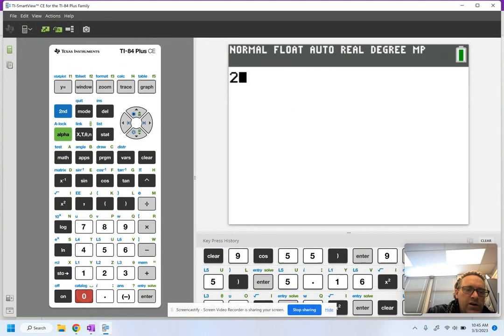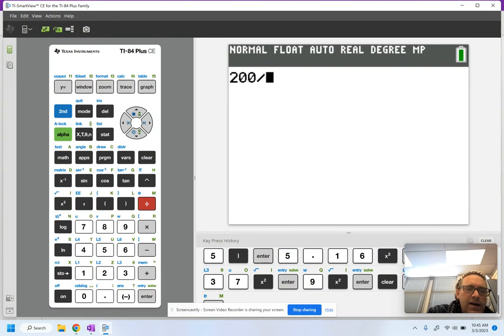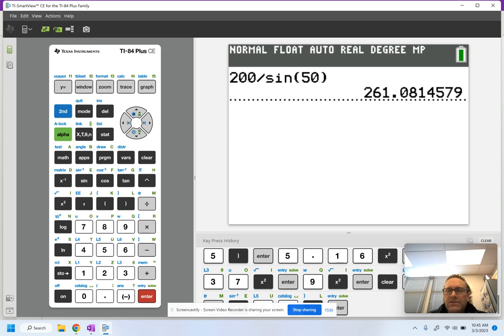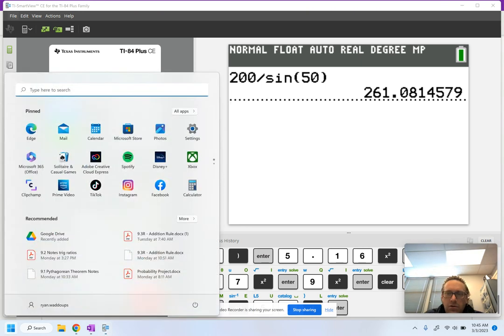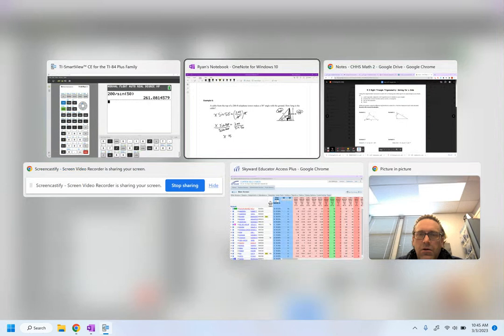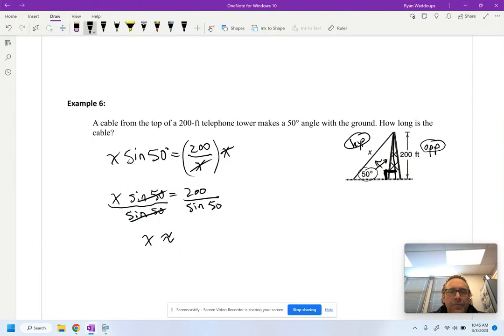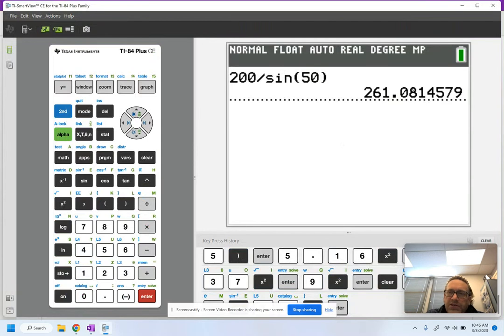Going in here, 200 divided by the sine of 50, that's 261. We'll just round to the nearest foot on this, since the next digit is a 0.